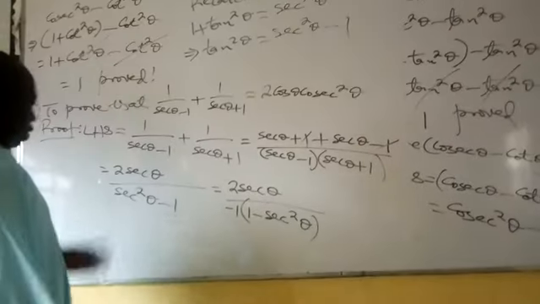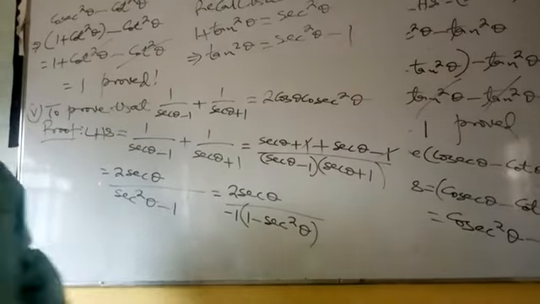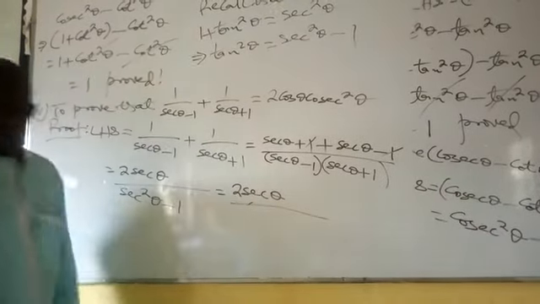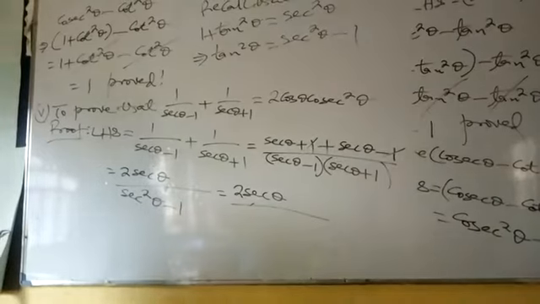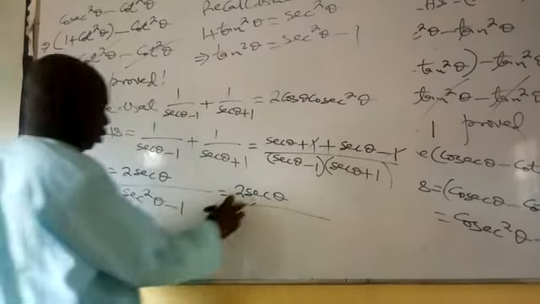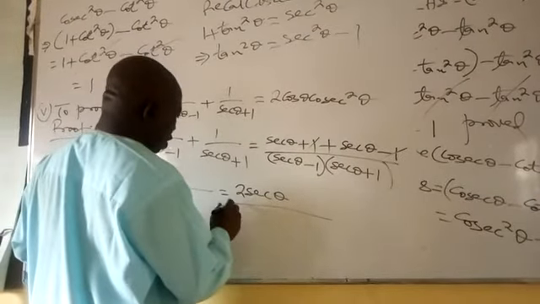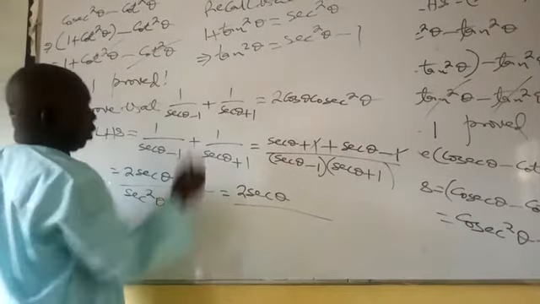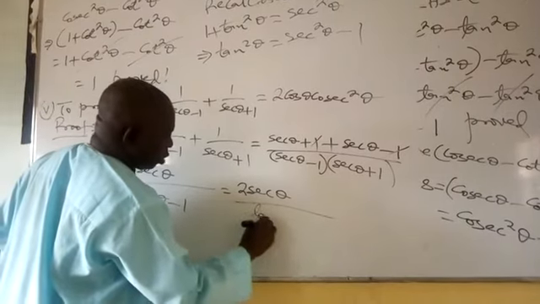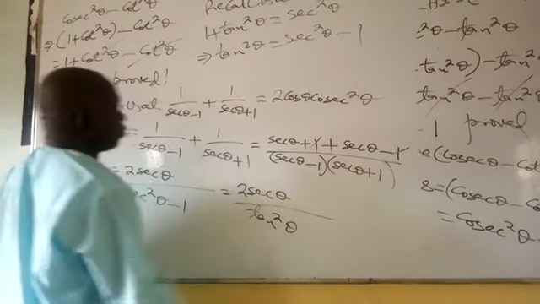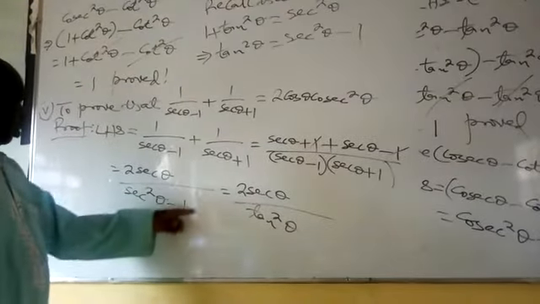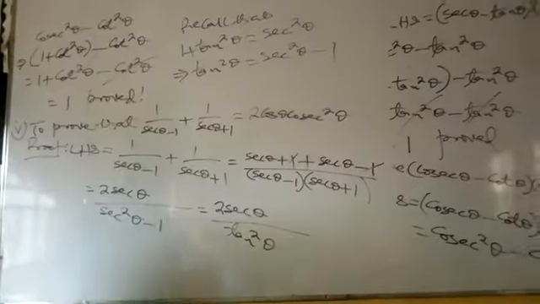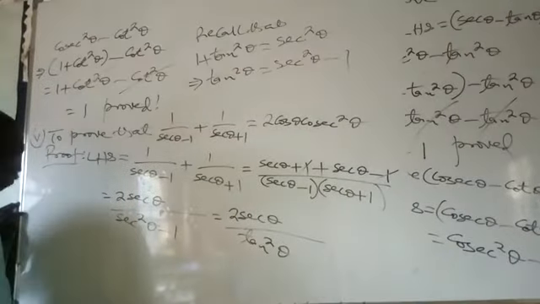So I can leave it the same way it is here. So that 2 sec theta over this sec square theta minus 1 is tan square theta. What am I saying? I replace sec square theta minus 1 with tan square theta.